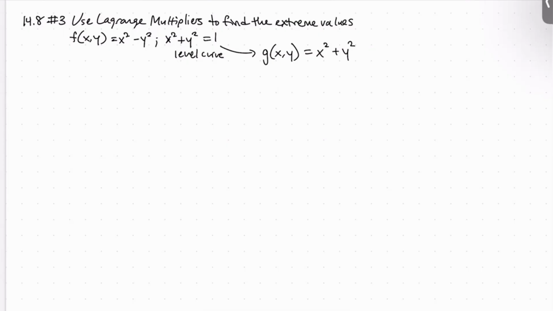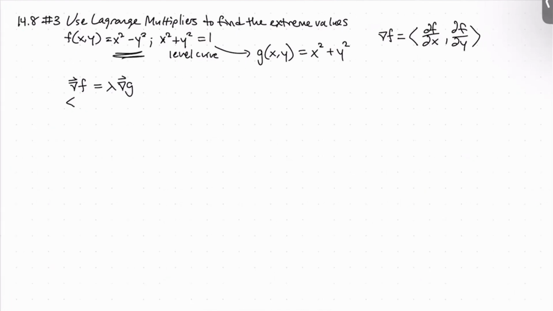So now that we have these two functions, we can set up our Lagrange multipliers equations. So that's going to look like the gradient of f is equal to lambda gradient g. If we expand this out, we get the gradient of f, as a reminder, is the partial of f with respect to x and partial of f with respect to y.